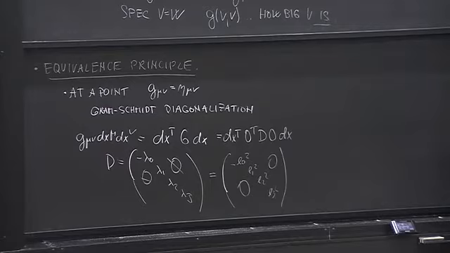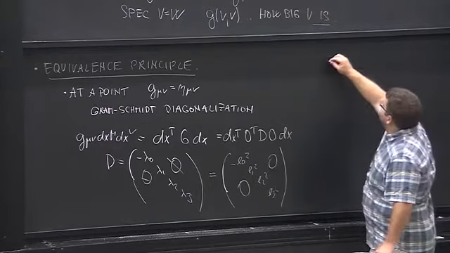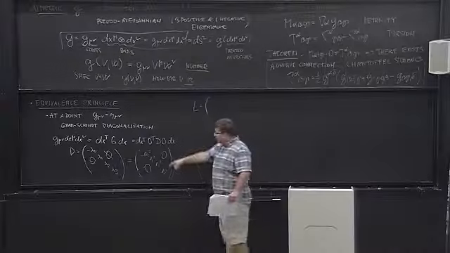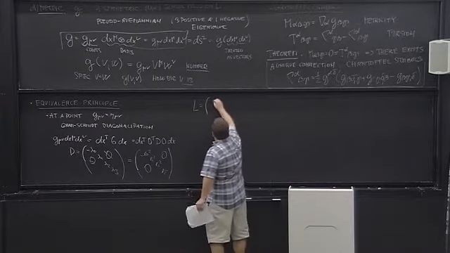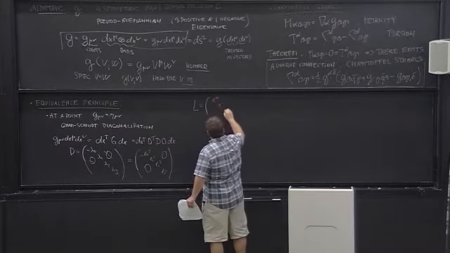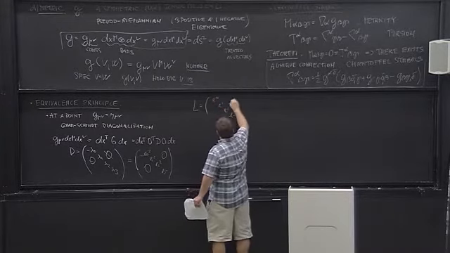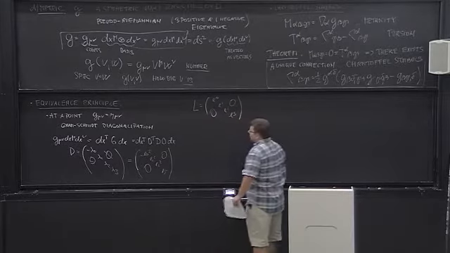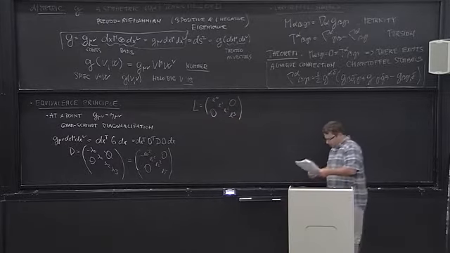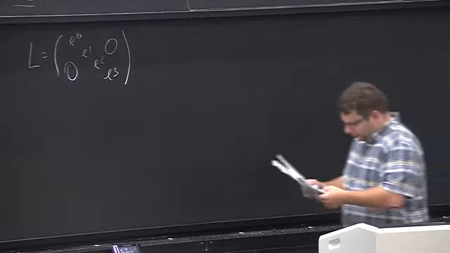All right, and so then introducing a new matrix, L, to be the square root of this matrix. So it will be E0, E1, E2, E3, and 0, and 0. You can write the diagonal as the Minkowski metric times L times L.